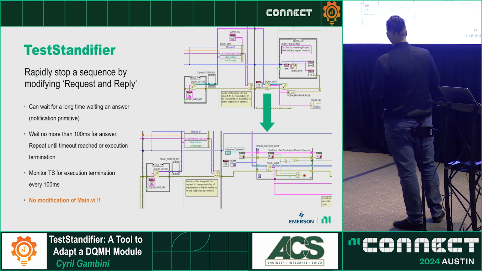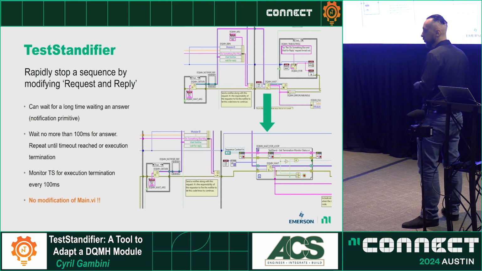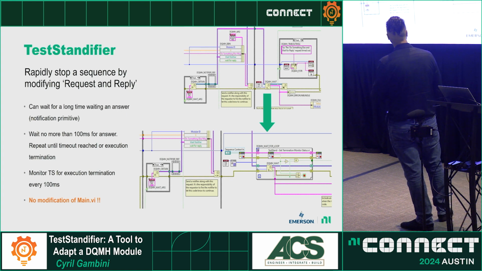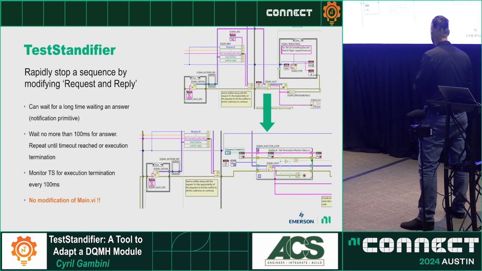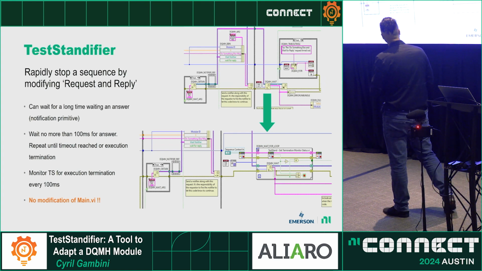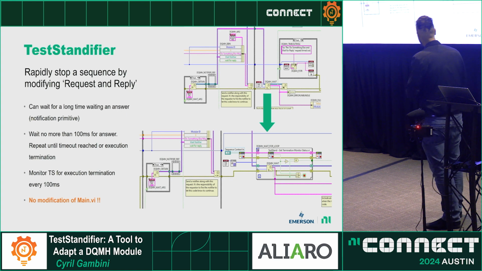So here we see that the DQMH wait for an answer is actually a primitive. So as soon as we enter the wait for the notification, it will just wait until it actually receives the notification or the timeout.